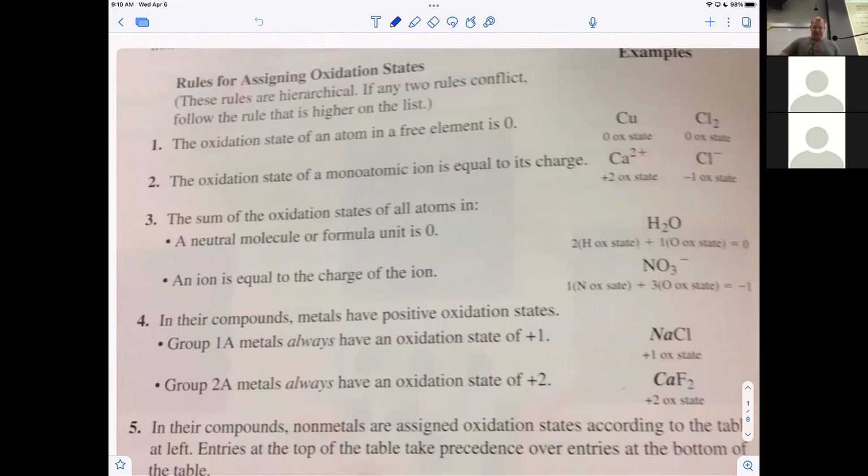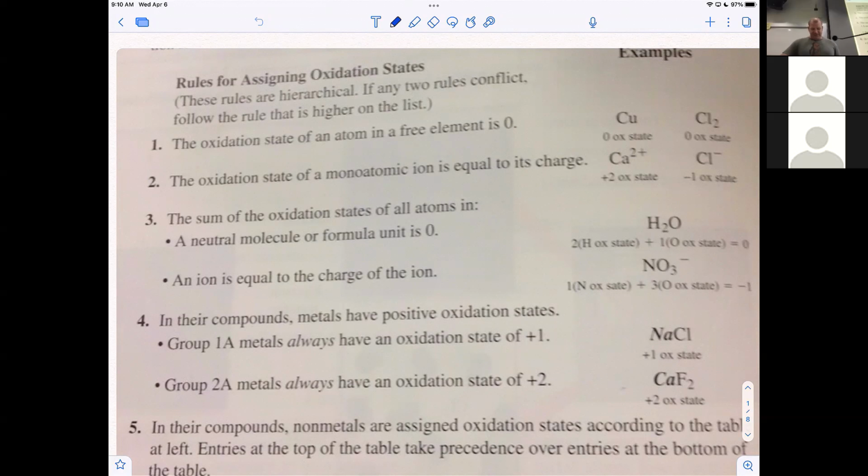Oxidation states that are negative mean they have extra electrons. Oxidation states that are positive mean they have fewer. The oxidation state of a monatomic ion is equal to its charge. Monatomic, one atom. So calcium plus 2, its oxidation state is plus 2. Chloride is a -1 charge, a monatomic ion, so chlorine is -1 in chloride.